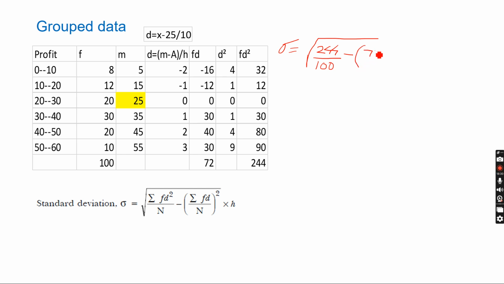Summation FD was 72 divided again by 100, the whole square, and finally we write multiplied by h, or by 10. So let's complete the calculation. 244 upon 100 should be 2.44, minus 72 upon 100 is 0.72, the whole square. Let me complete the square root, into 10.